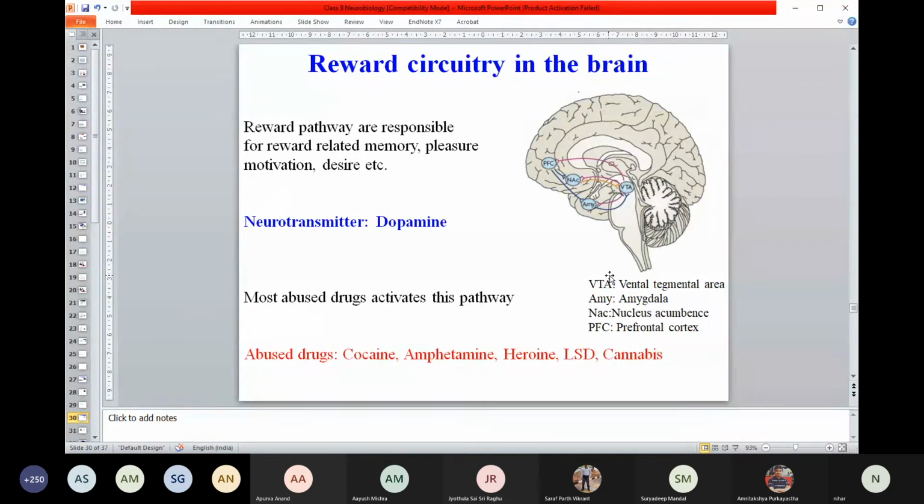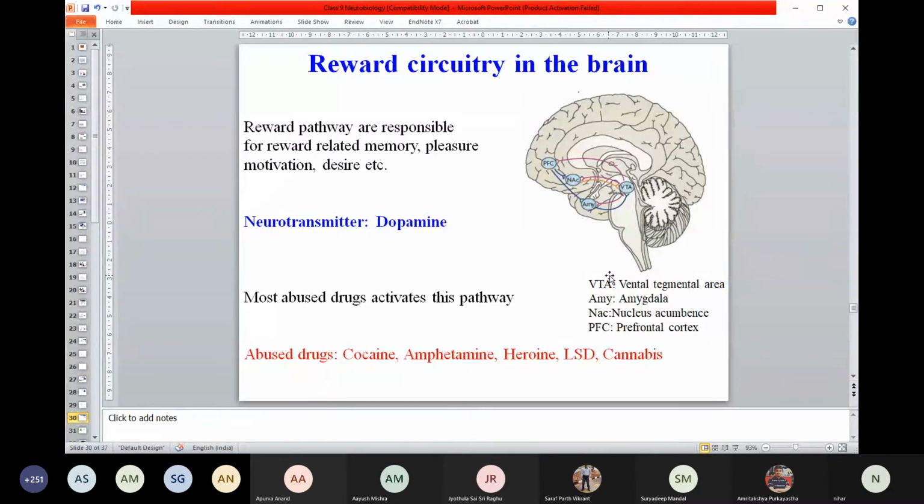That is the time your reward circuitry in your brain is extensively activated, and that's the example you can think of for intense happiness. In other words, people who use abuse drugs like cannabis can have a pretty similar kind of feelings, and that's the reason why they go for repeated use.